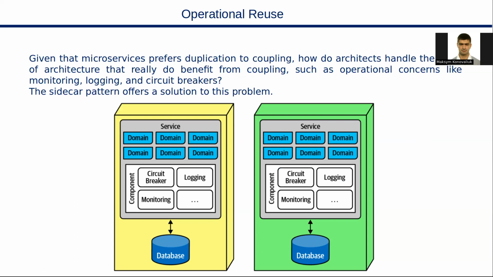For example, we have a container, so we wrap our service into the container, and here is the separate database, and each service contains some part of the domain. But you can also see that there is a component which includes logging, monitoring, and so on.